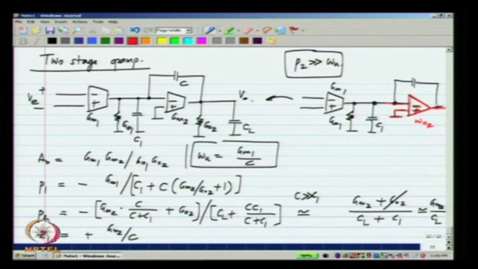We also know that if you take an op amp with a unity gain frequency omega u and you make a feedback circuit with it, then the feedback functionality will be okay until a frequency of the unity loop gain frequency. Below the unity loop gain frequency, the feedback loop functions as it is supposed to.